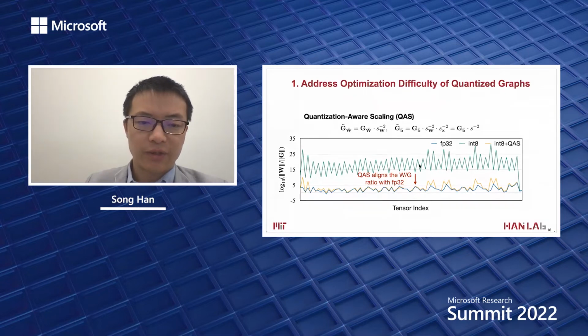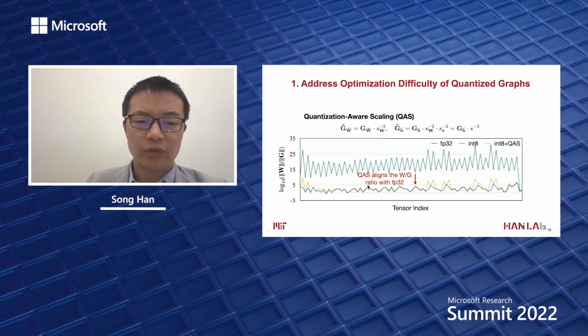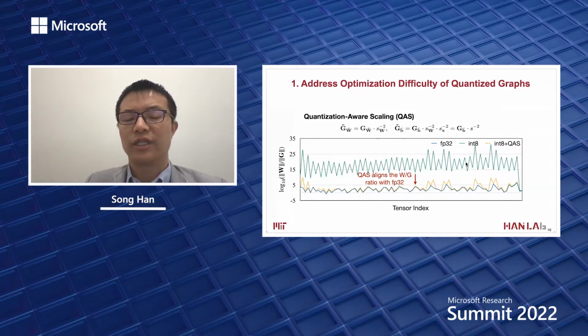Here we observed that after applying this quantization-aware scaling, basically we are scaling the gradient and also scaling the weight and the bias by SW to the power of minus 2. Here we find after QAS, the weight over gradient can almost fully match the original ratio, rather than this zigzag version of the int8 version. So the int8 plus QAS can almost match the original FP32 version.